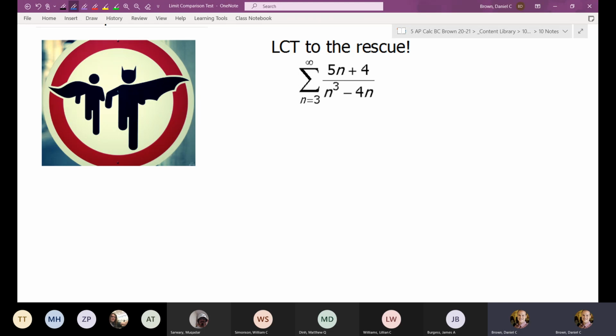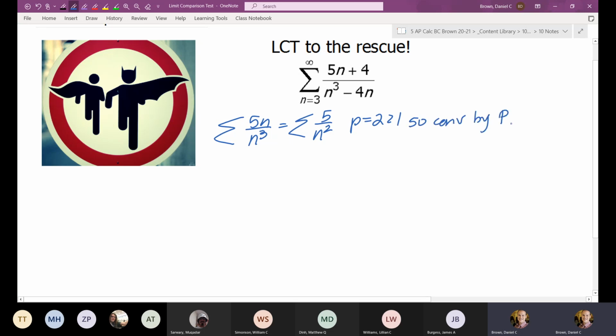The limit comparison test starts off the same way: you're going to have a simple series to deal with. We can see what that simple series is related to. P would be equal to 2, which is greater than 1, so it converges by the p-series test. The limit comparison test is a limit of the ratio of the simple series with the one you're trying to find.